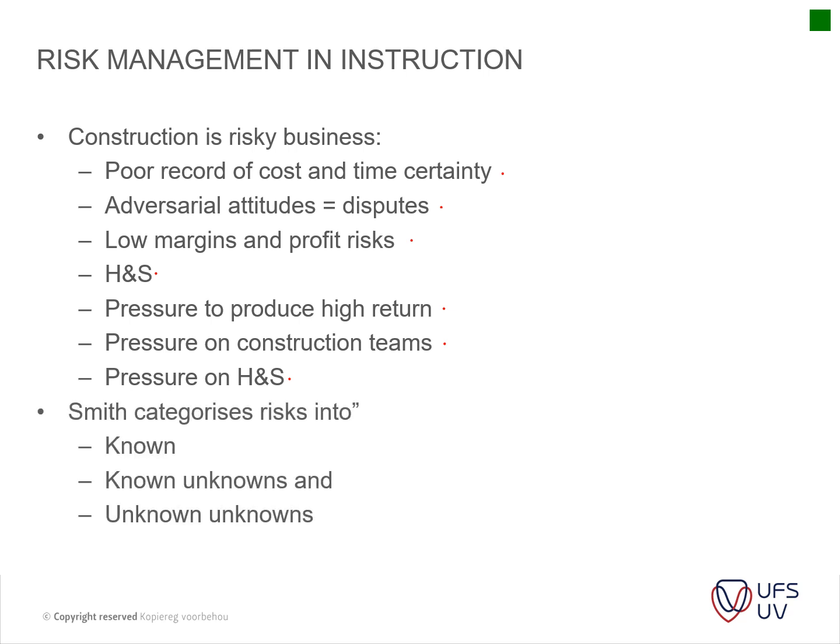Okay, Smith categorizes risks into three types. There are known risks, risks that are an everyday feature of construction. Then there are the known unknowns, risks which can be predicted or foreseen. And then there are the unknown risks, the risks due to events whose cause and effect cannot be predicted. So those are the three risks that he identifies.